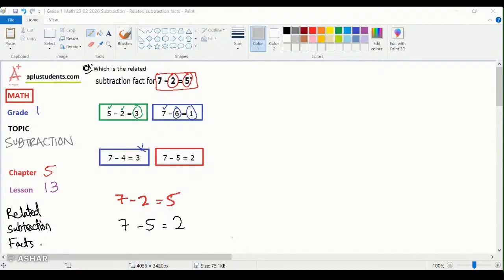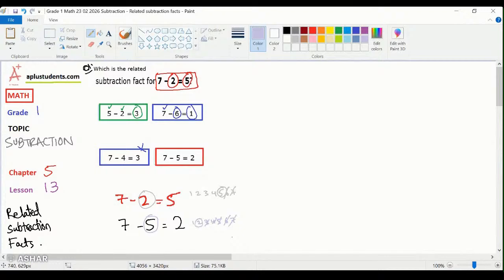Let's look at the comparison. If this was 7, 1, 2, 3, 4, 5, 6, and 7. If we subtracted 2, we got 5 as the answer. But if this was 7, 1, 2, 3, 4, 5, 6, and 7. If we subtracted 5 from it, 1, 2, 3, 4, and 5, we got 2 as the answer, right?